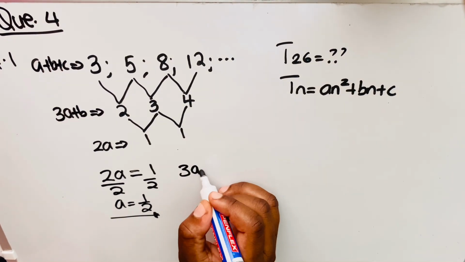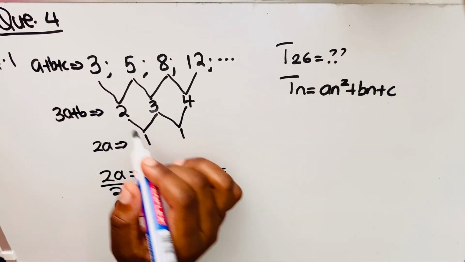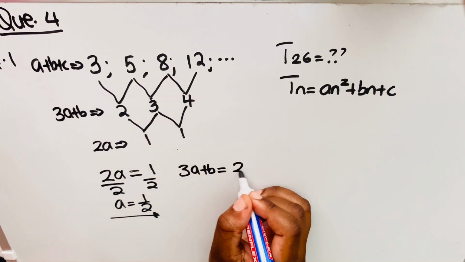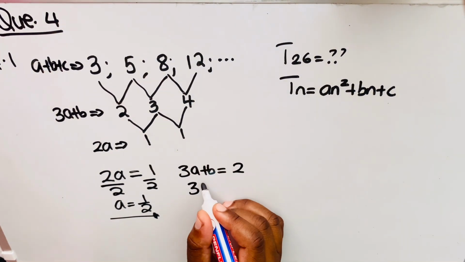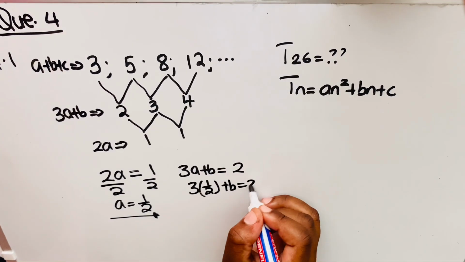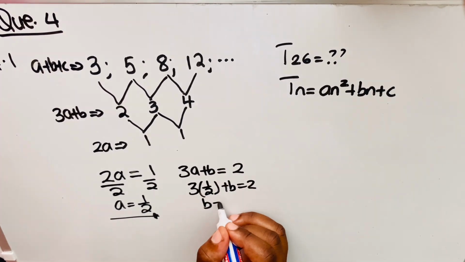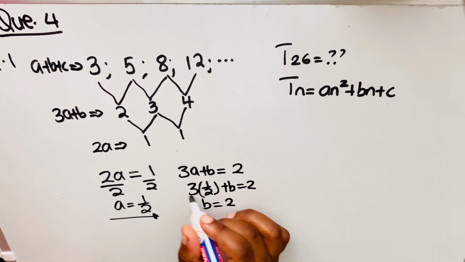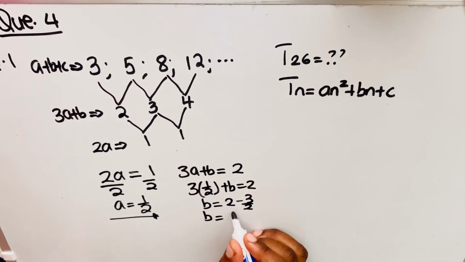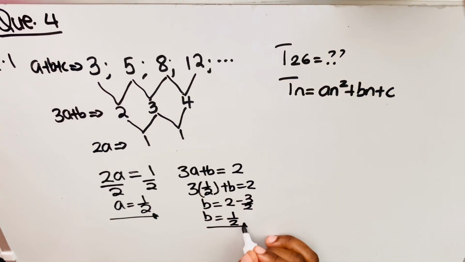This is 3a plus b, which we said equals the first difference. The first difference value is 2. Substitute a is 1 over 2: 3 over 2 plus b equals 2. Solve for b: transpose 3 over 2 to become negative 3 over 2, so b is 1 over 2.